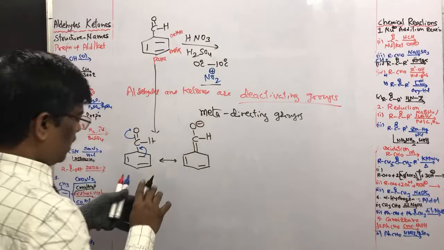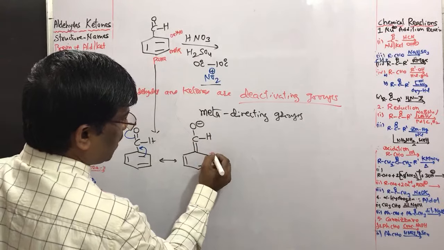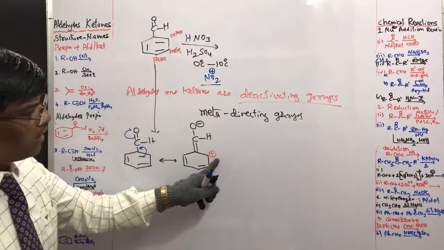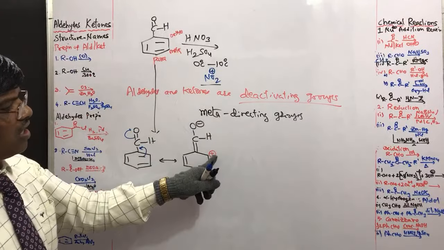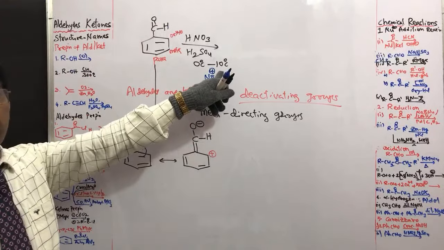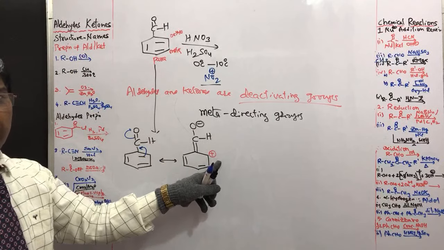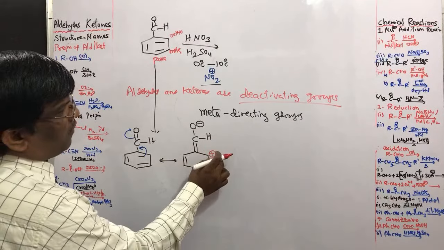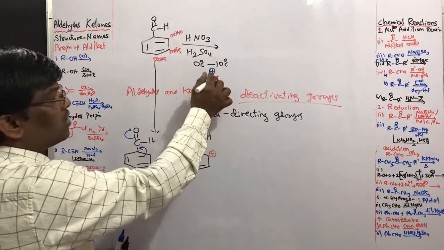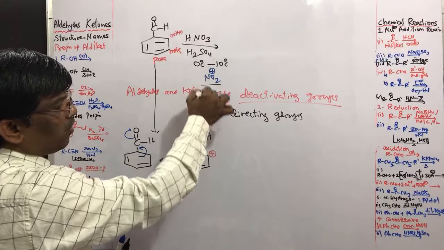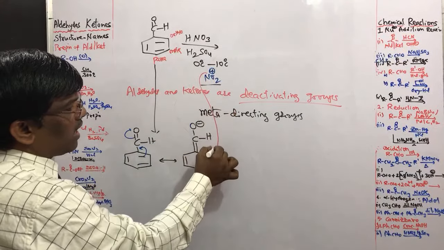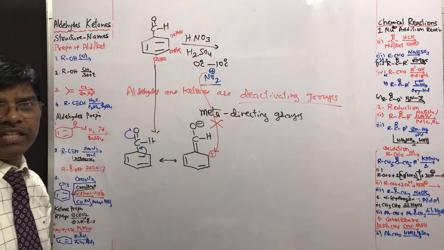Yes. So here what is the charge? It is a plus charge. So at the ortho position, what is the charge? Plus charge is forming. And what is the incoming charge? Plus charge, the electrophile. So is it possible to attack here? Already it is electron deficient. This is also electron deficient. So the incoming electrophile is not going to attack this ortho position.